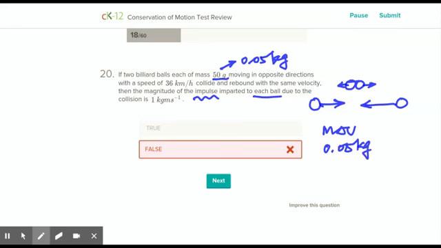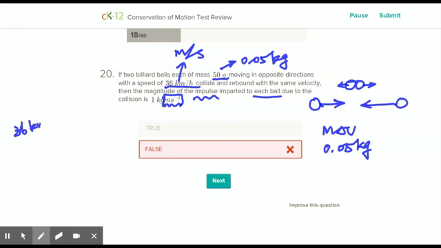It says the velocity is given in kilometers per hour, but the standard is meters per second, right? Because here our unit is meters per second. So we have to do a conversion.